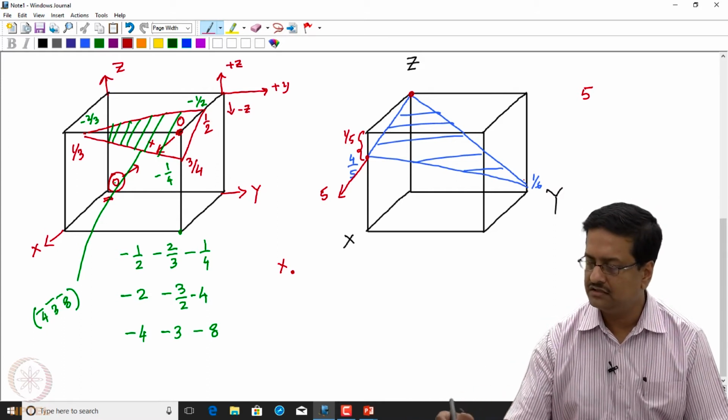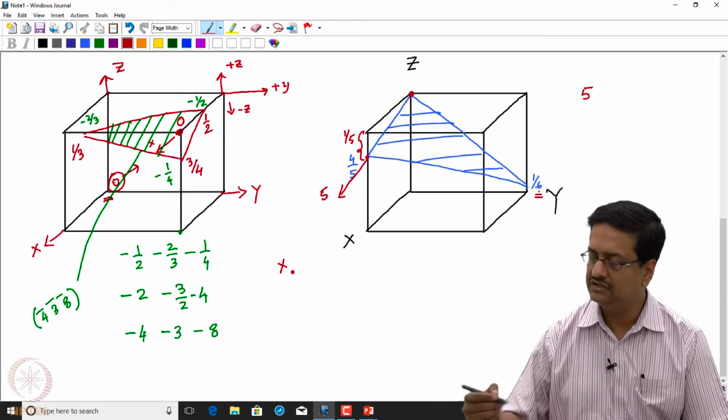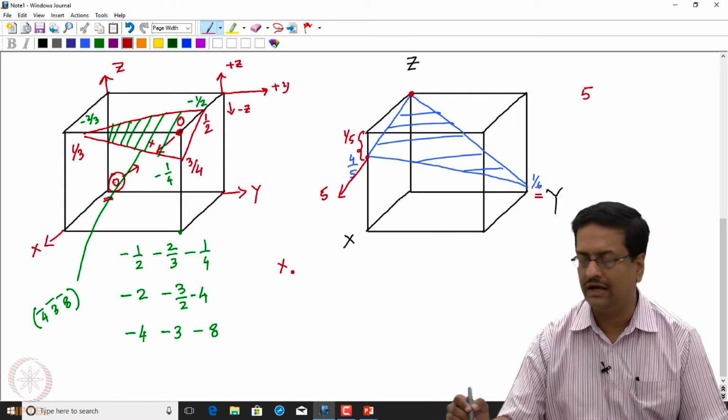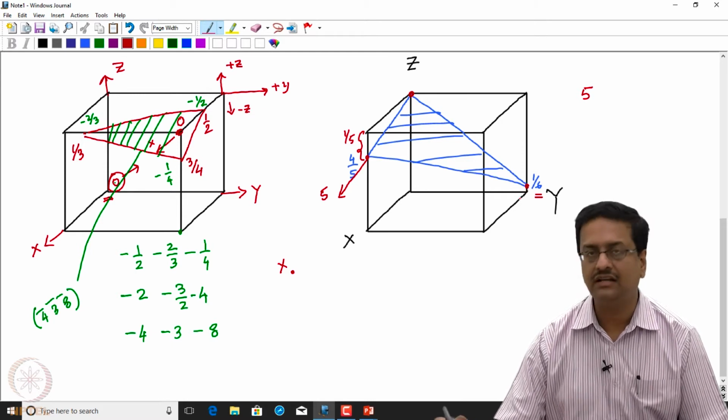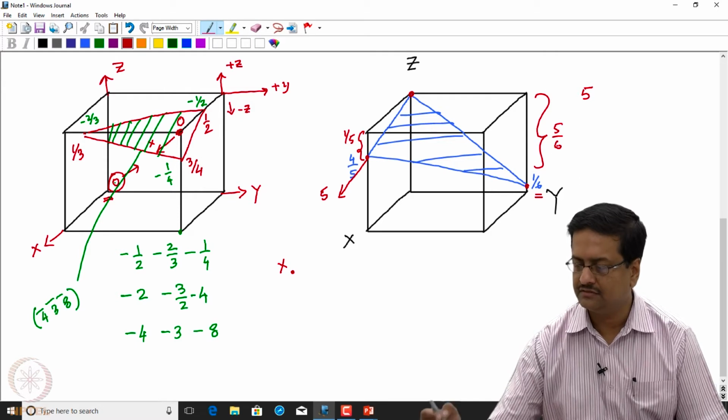Now, on the side of y, this has travelled 1 unit along y, but it has come down by 5/6 along z.